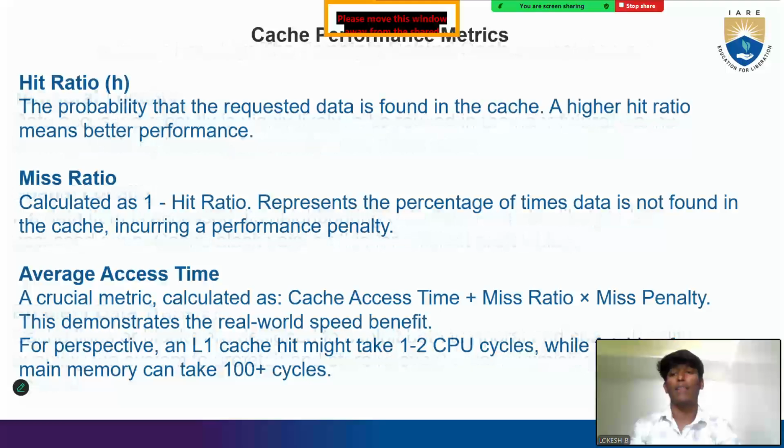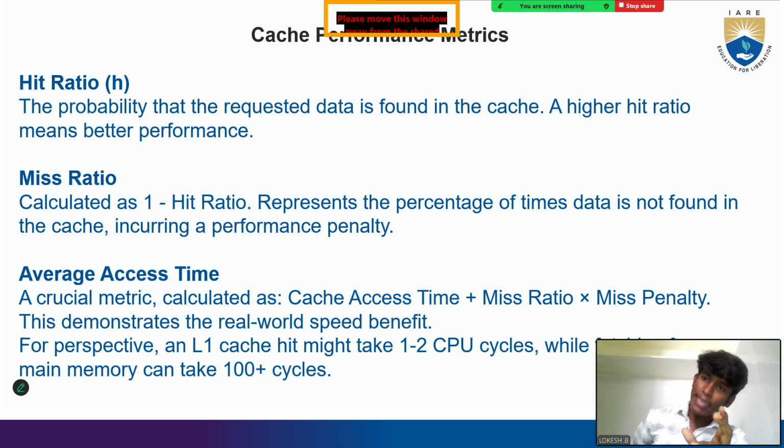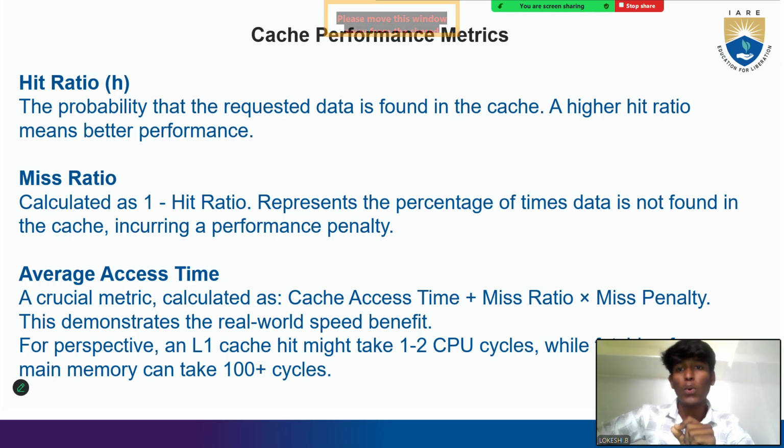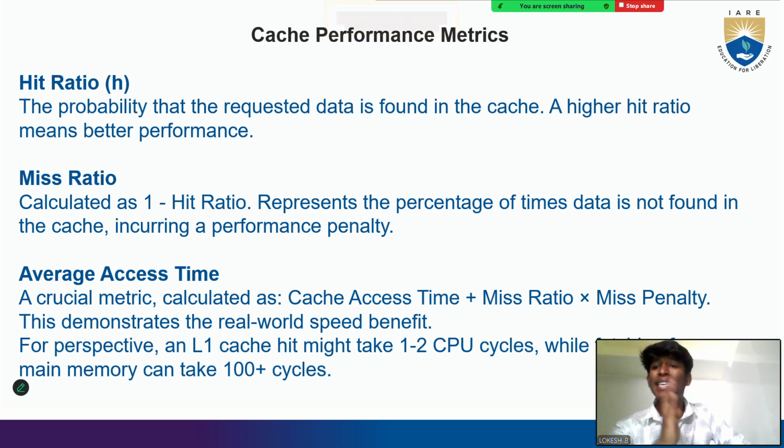Cache memory effectiveness: the cache has a hit ratio that is denoted by H. It is the probability that the requested data is found in the cache. A higher hit ratio means better performance.